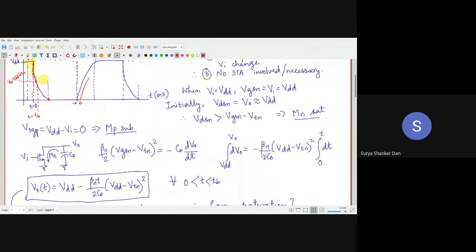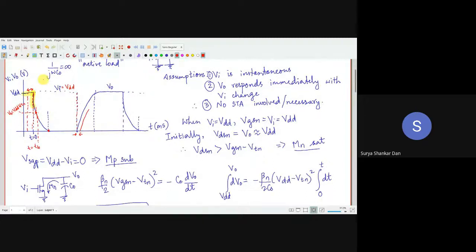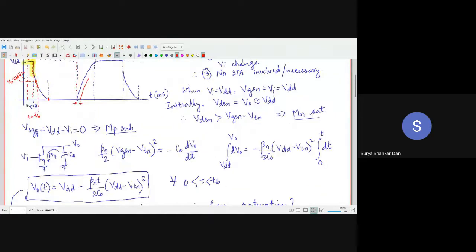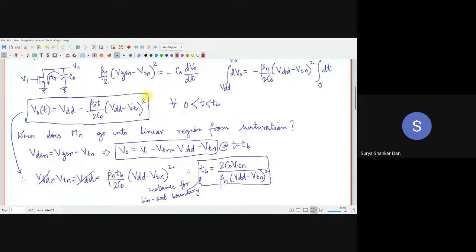Okay. So although it's not very evident from the curve over here, always keep in mind that before this linear saturation boundary instant T equal to TB, it is initially, what form is this? This is a parabolic one, square relation, okay?